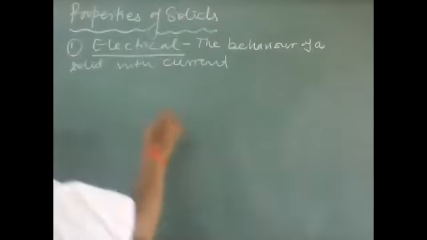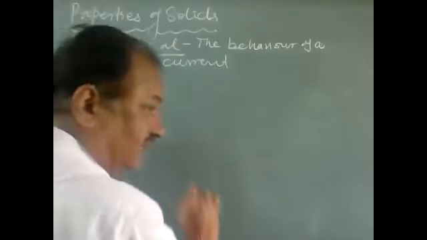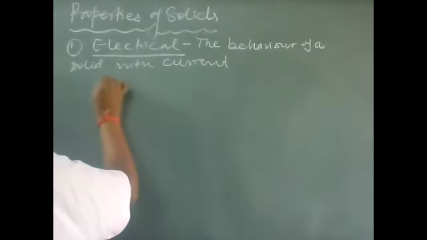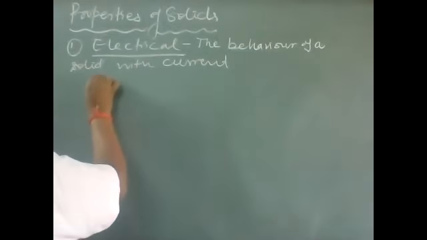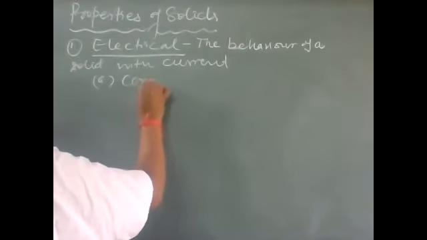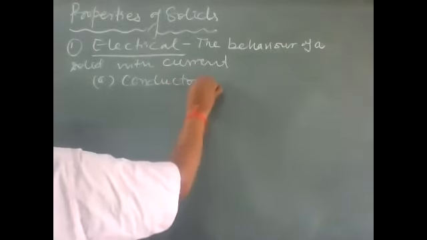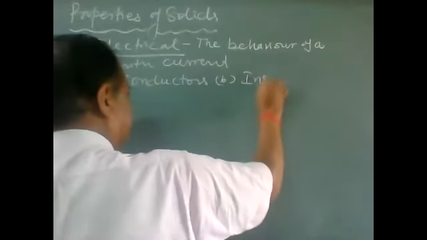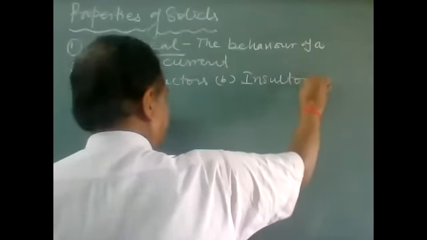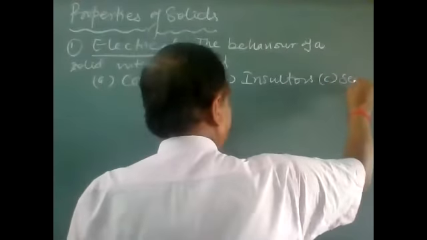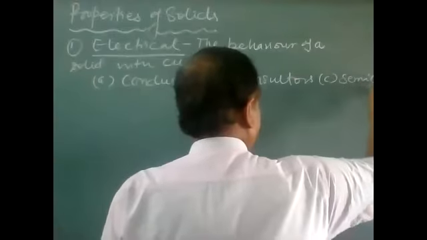Now on this electrical property, the solids have been classified into three categories. First is the conductors. Second is insulators, and third is semiconductors.